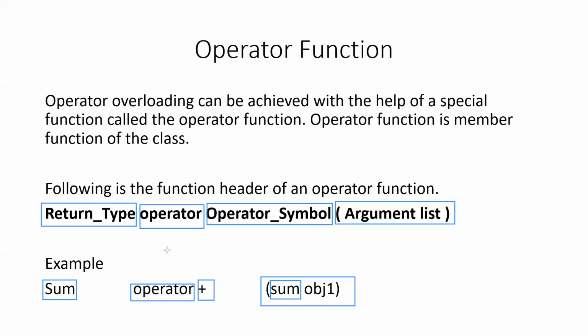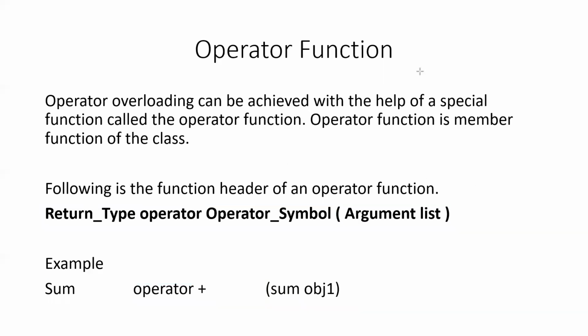So this is how we can prototype an operator function, and the operator function is used to achieve the concept of operator overloading. We will see how it works, how we can write programs in C++ to overload the different operators, and how many types of operator overloading can be achieved.